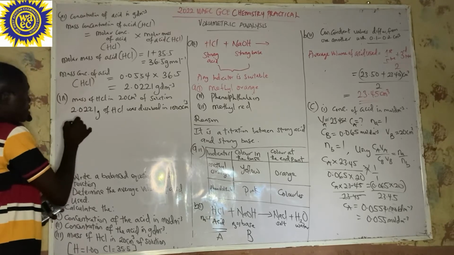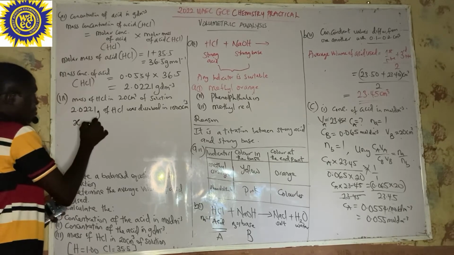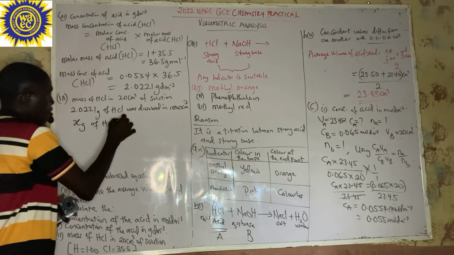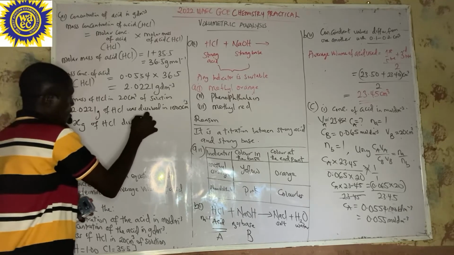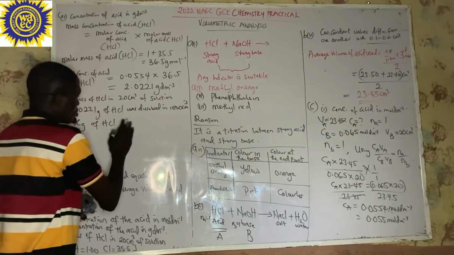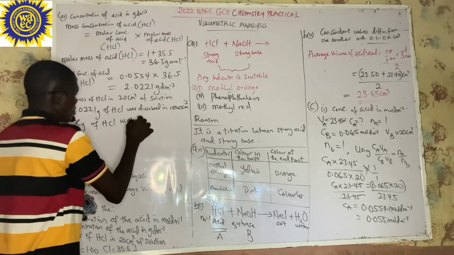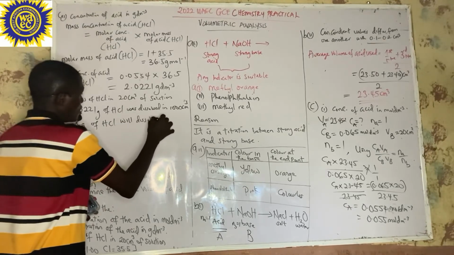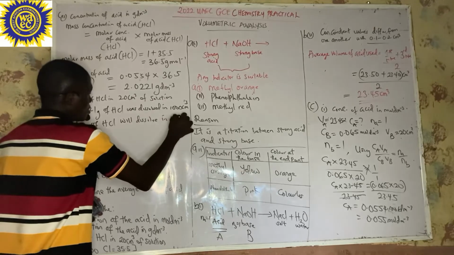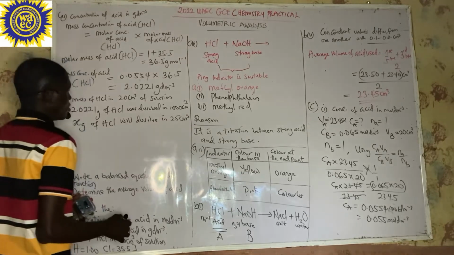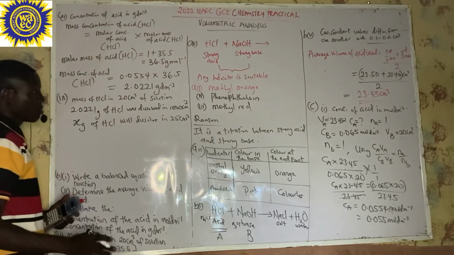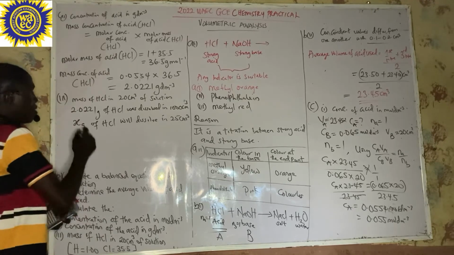You just say this one is X gram of HCl dissolved in 20 centimeter cube of solution. So now you have to cross multiply.